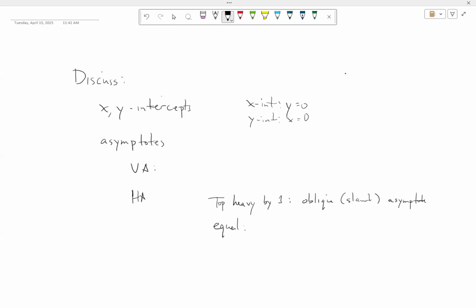Yeah, you divide the leading coefficients. The horizontal asymptote would be y equals top over bottom.